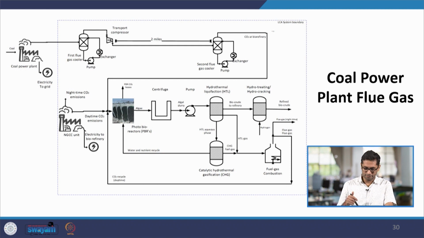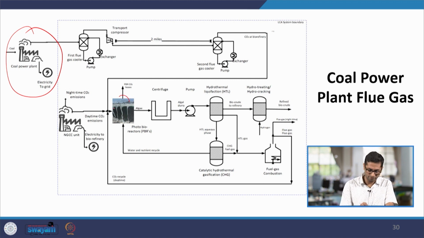So this is what a typical plant would look like. You would have the coal based power plant which would be producing electricity, supplying that to the grid. The CO2 that is coming in would be scrubbed of any water or unwanted impurities. It would be compressed and then supplied to the plant, where it will again be compressed somewhat.